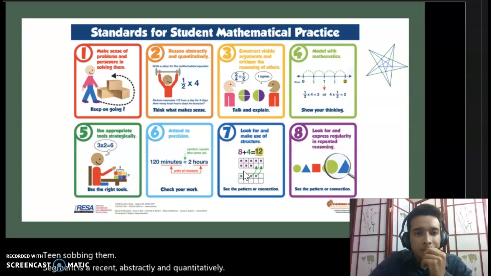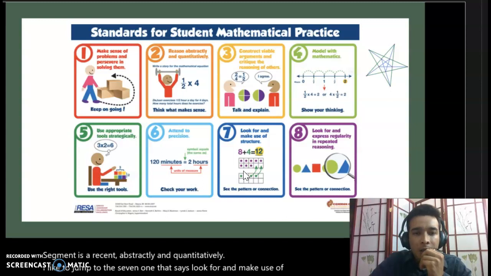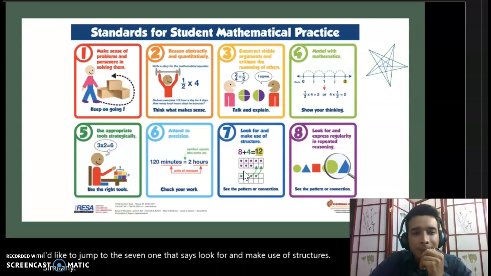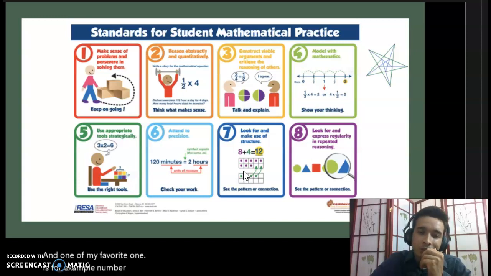I like to jump to the seventh one that says look for and make use of structure. Similarly, number 8, for example, says look for and express regularity in repeated reasoning. And one of my favorite ones is number 6, attend to precision.